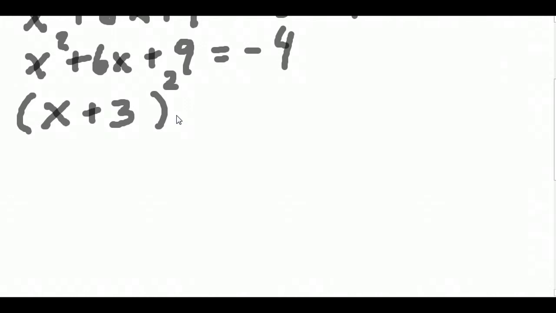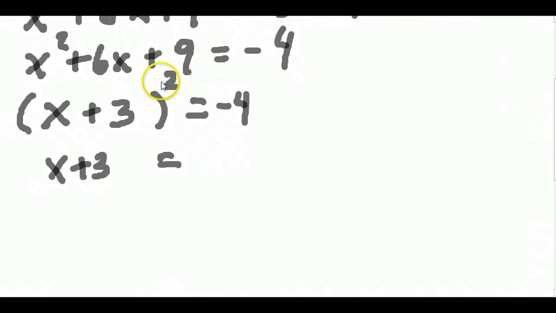So we have x squared plus 6x plus 9. So what is our sign going to be in our factorization? It is a positive 9, because 3 times 3 is 9. So we have x plus 3 squared equals negative 4. Now we take the square root of each side, and what does that give us?